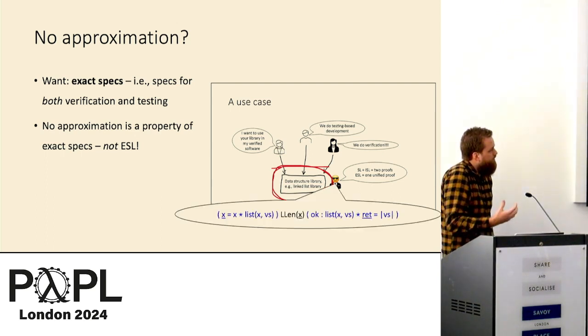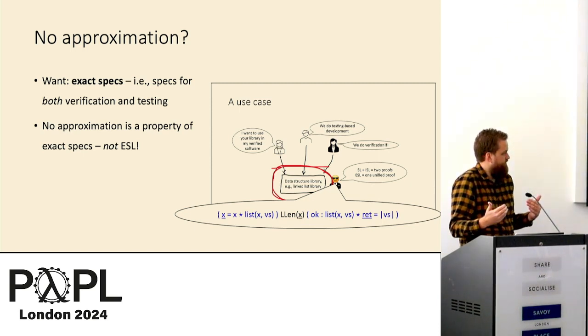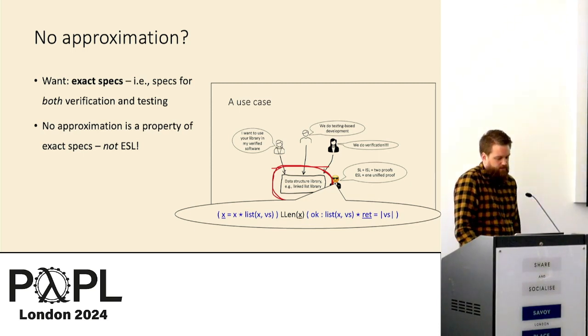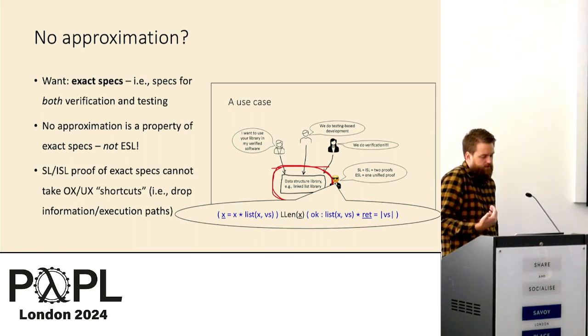Because if you want to actually capture the full behavior of the various functions of our library, then it wouldn't help if our logic could over- and under-approximate.